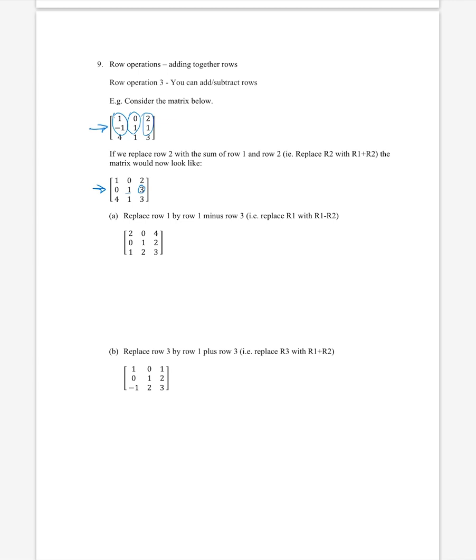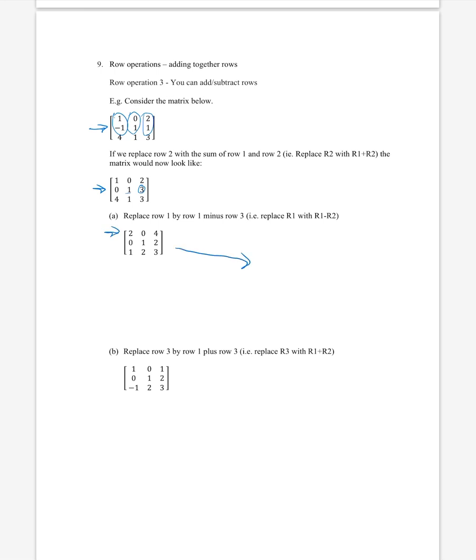So in part A, I'm going to replace row 1 by row 1 minus row 3. Okay, in other words, what I'm going to do is change this first row.